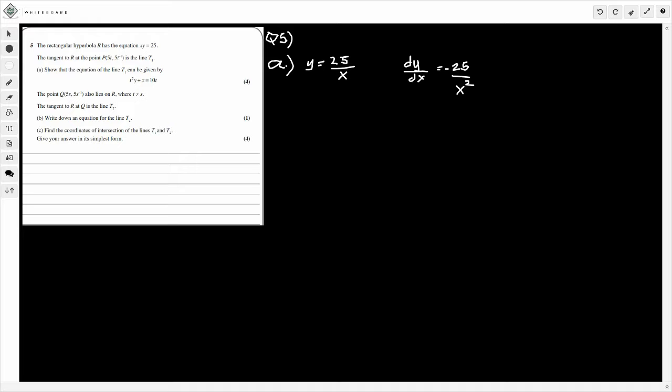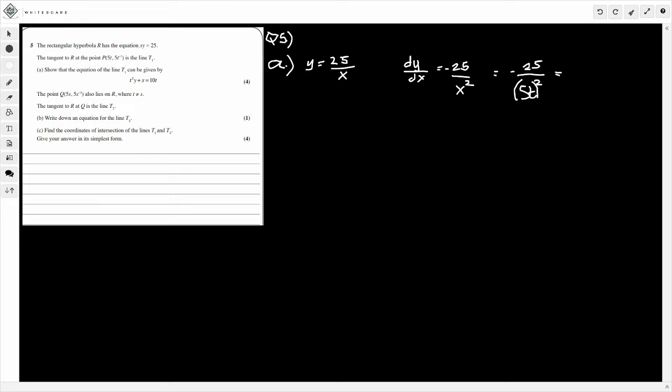And we know the point, what would be my x here, is 5t. So let's just put that where the x is. That's going to give me minus 25 divided by x squared, so that's going to be 5t all squared, outside the bracket.